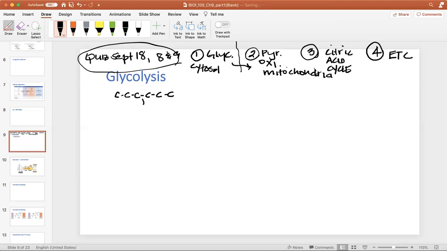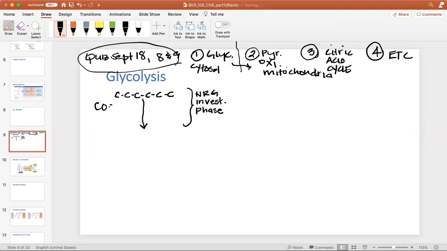Now, the first thing that's going to happen in glycolysis is we're going to have to invest a little bit of energy. So this very first part of glycolysis is called the energy investment phase. And the reason is this is going to cost us a little bit of cellular money in the form of ATP.